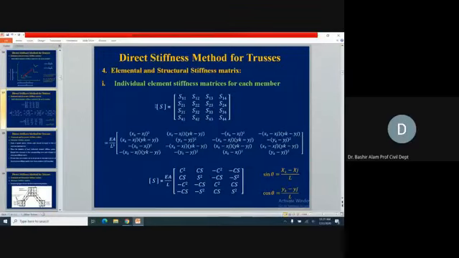This was for the individual element stiffness matrix in the structural axis. So S11, S12, S13, this one, in terms of the coordinates, we developed this.